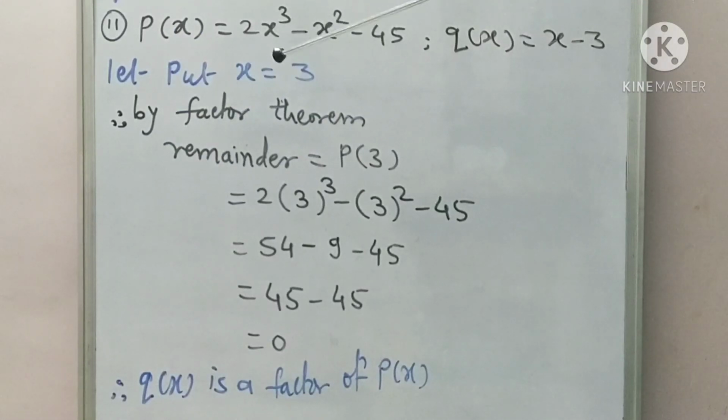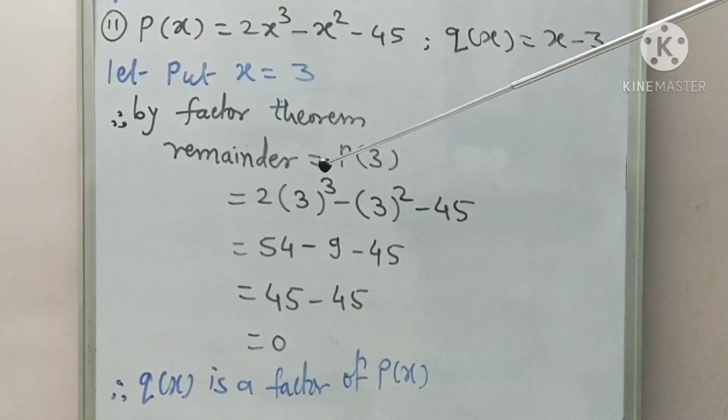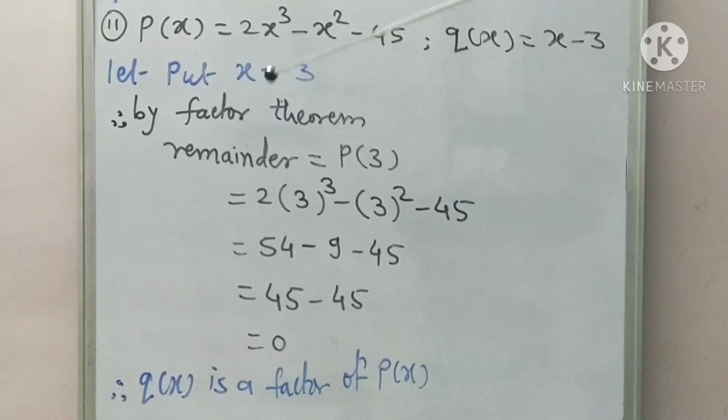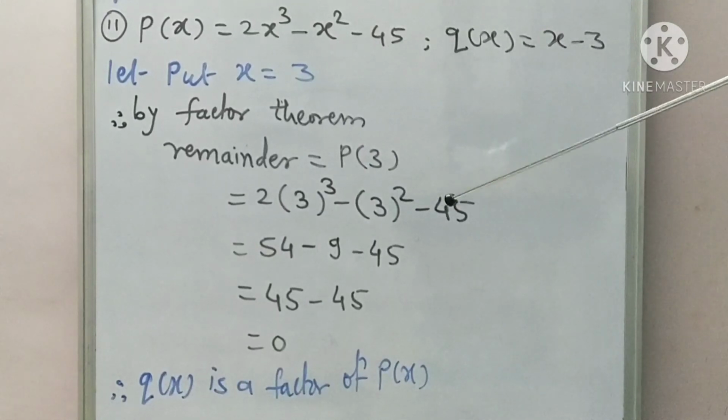Here we simplify by putting x equal to 3, the opposite of this constant. By the factor theorem we get the remainder as p of 3, meaning in this dividend p of x, as we put x equal to 3, the value of the polynomial is the remainder. What we notice here, students, is that as we put x equal to 3, 2 into cube of 3, minus square of 3, minus the constant 45 as it is.